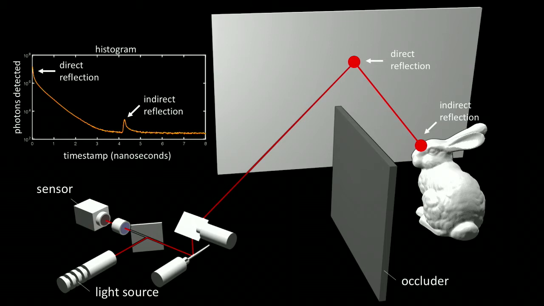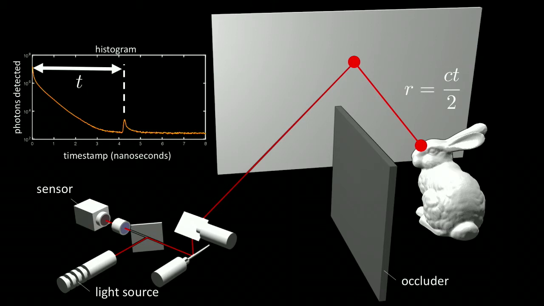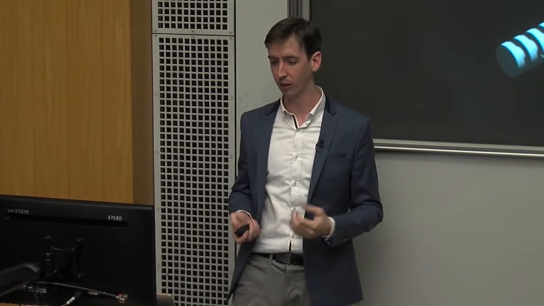That consists of indirect light paths that hit the wall, hit the object, hit the wall, and come back to the sensor. If you want to image how far this object is from the wall, all you need to do is compute the difference between the arrival times of these 2 peaks. And by the way, this scale is logarithmic, so these little peaks are very, very small relative to the direct light. There's very little light that actually scatters 3 times before being picked up by the sensor, which is part of the reason why we're relying on SPADs for imaging, because they're extremely sensitive.